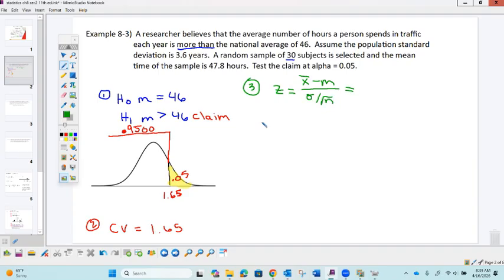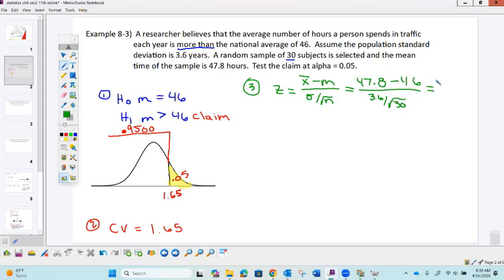So let's put that in. Mean of the sample was 47.8. I don't know why my thing doesn't want to write decimals today. 47.8 minus the mean from up above the population. When I say above, I mean step 1. That was 46 over standard deviation, 3.6, divided by the square root of 30, which is the sample size.